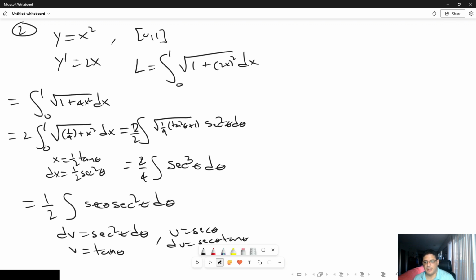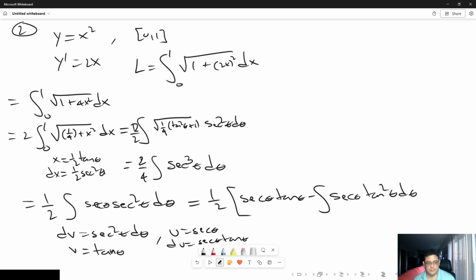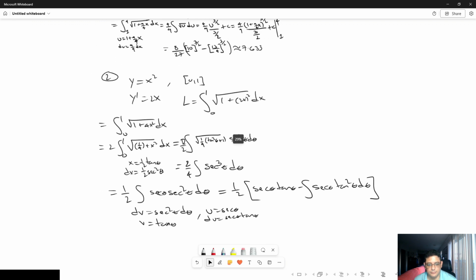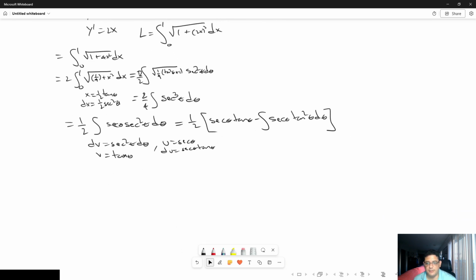Now this here becomes an integral by parts, and this is 1/2 u times v, so secant by tangent of theta, minus the integral of v du, which is going to be secant by tangent squared. And so notice that this is one of those integrals where we reach the same thing again. Notice that tangent squared can be seen as secant squared minus 1.